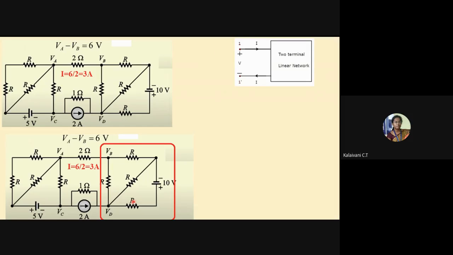So this is a one port network, a two terminal linear network. In case of a linear network, the incoming current will be equal to the outgoing current. So if this is 3 amps incoming current, the outgoing current here will again be 3 amps.